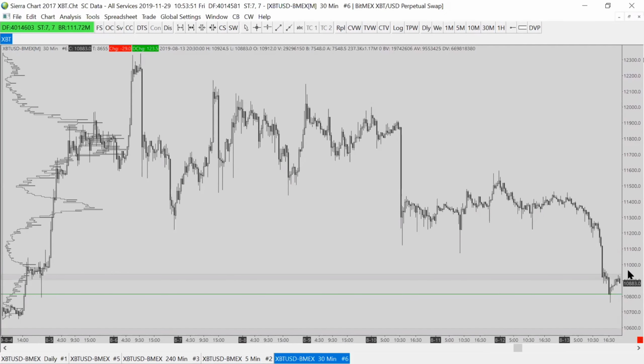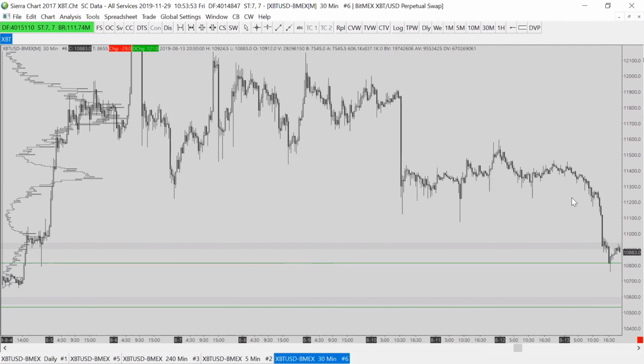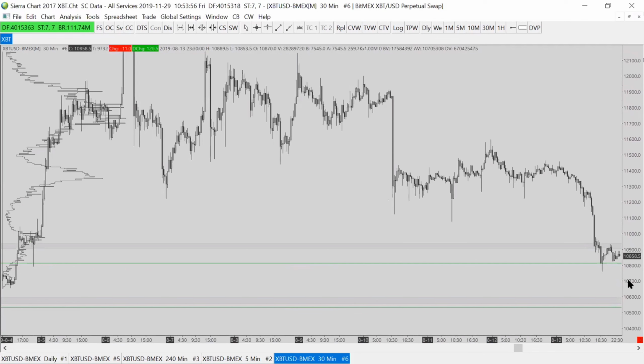Price breaks this low volume node quite easily, which is not unsurprising given that it's just broken out of this 3 or 4 day range. And as I think I've explained in previous webinars, I'm not generally looking to buy prior support levels formed on the way up.